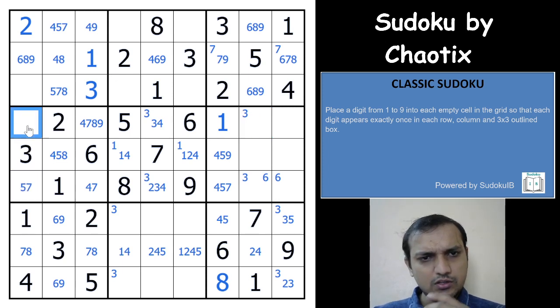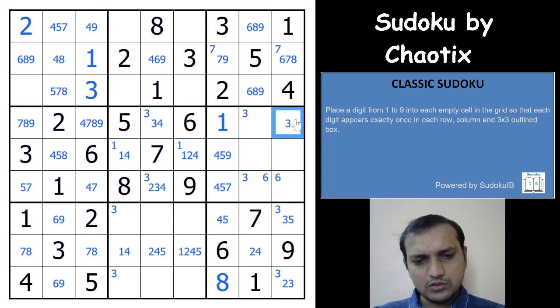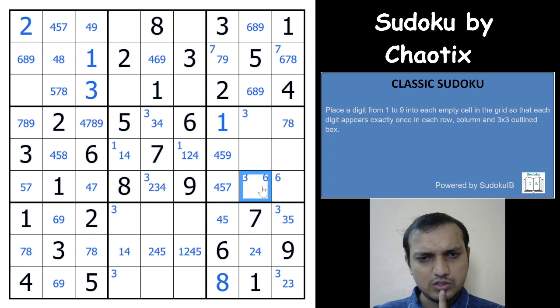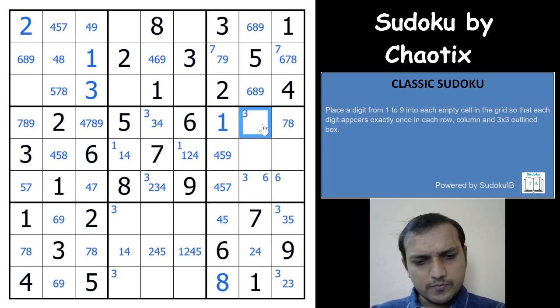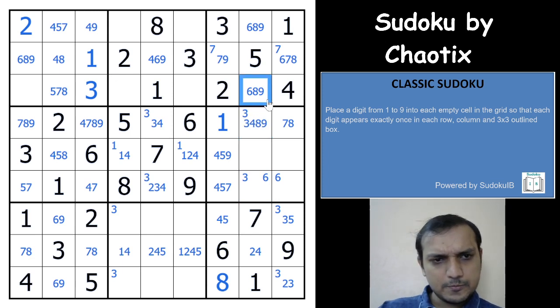This is 5, 7. 7, 8, 9. 3, 4, 7, 8, 9. 4, 9, 3, 7, 8. 3, 4, 7, 8, 9. Okay. Oh, you have a pointing of 3 here. This cell cannot be a 3. We have already marked 3 has to be one of these two cells. 3, 4, 8 and 9.